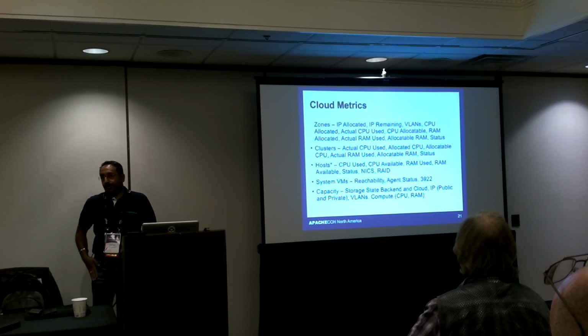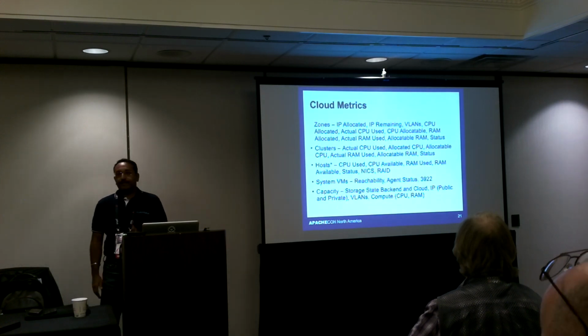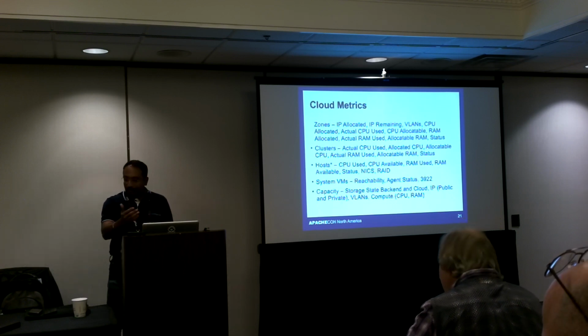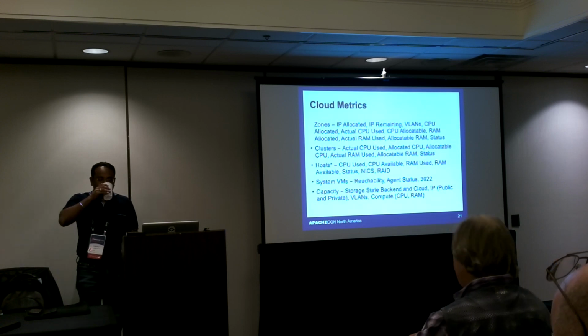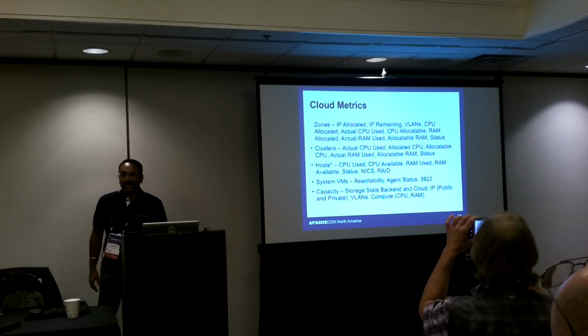So from traditional cloud metrics, we do IP allocated. These are all actually available from the Cloudstack API itself. In addition, as I said, I've put a star on hosts.